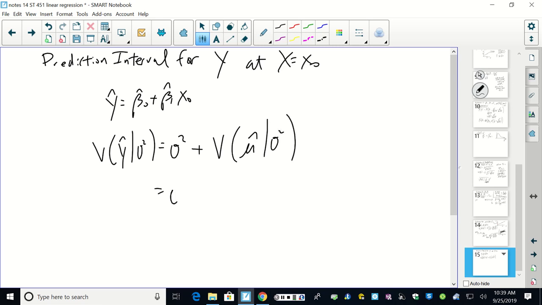So there's a sigma squared. This is from adding epsilon, I should call it epsilon 0.